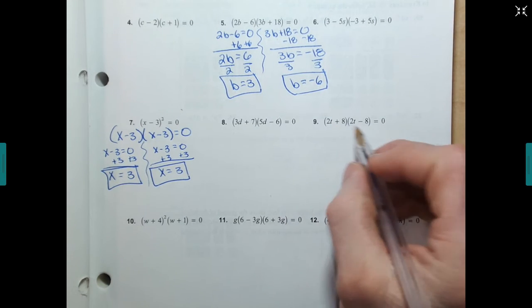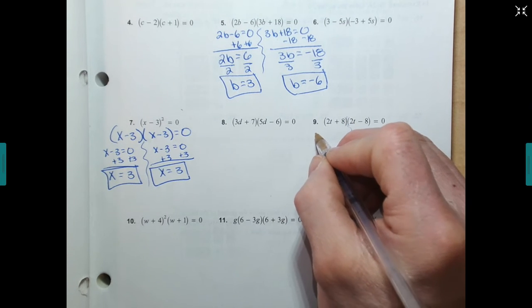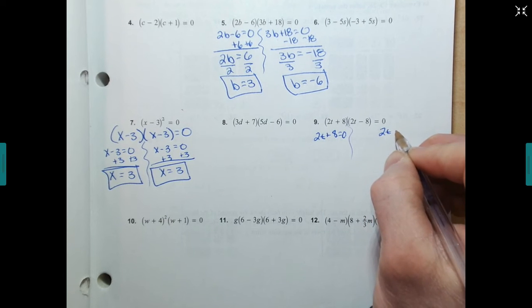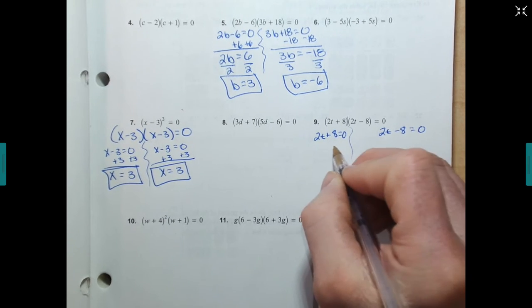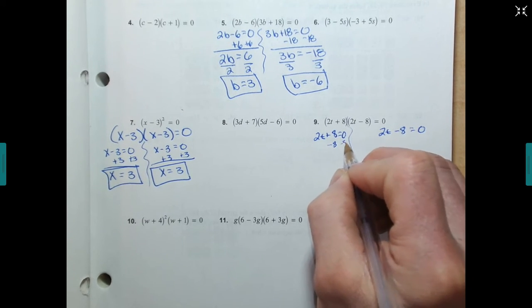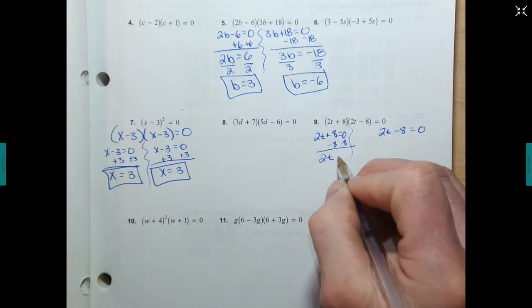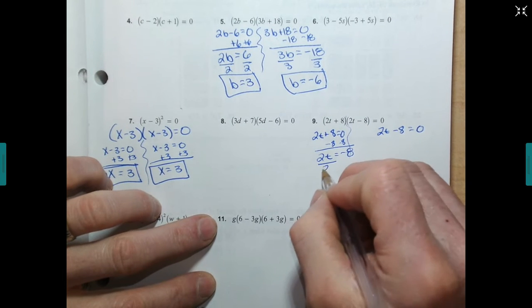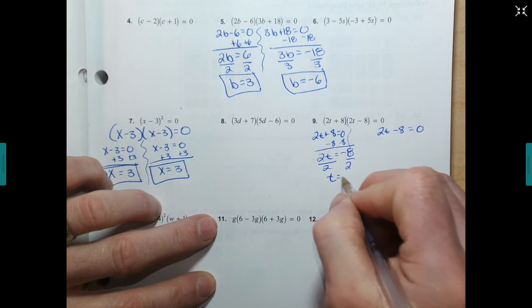All right. Break this up into two equations. 2t plus 8 equals 0, and 2t minus 8 equals 0. Subtract 8 on both sides. 2t equals negative 8. Divide by 2. We get t equals negative 4.